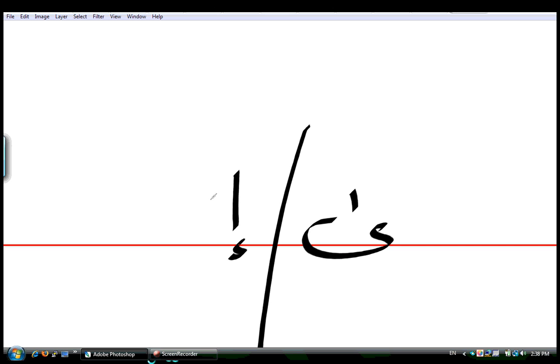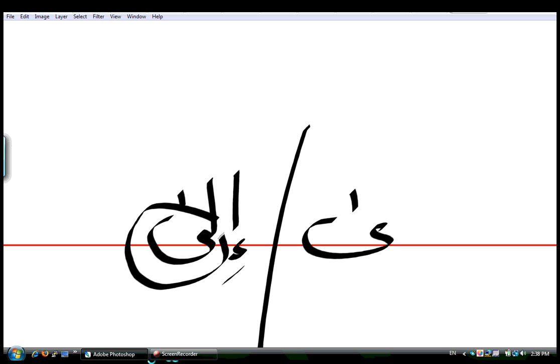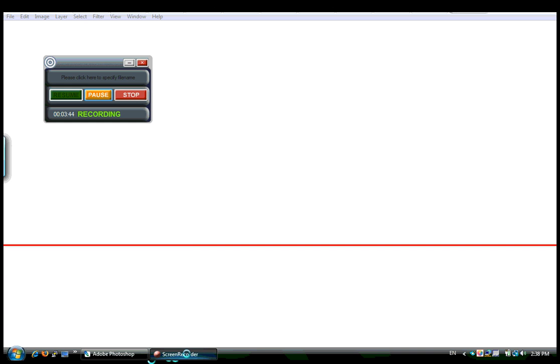An example of that is ila, which means to. So ila, you see this part is pronounced as an alif, and this small alif tells you, yes, this is pronounced like an alif. Ila, to. This is what I need to say about the small alif.